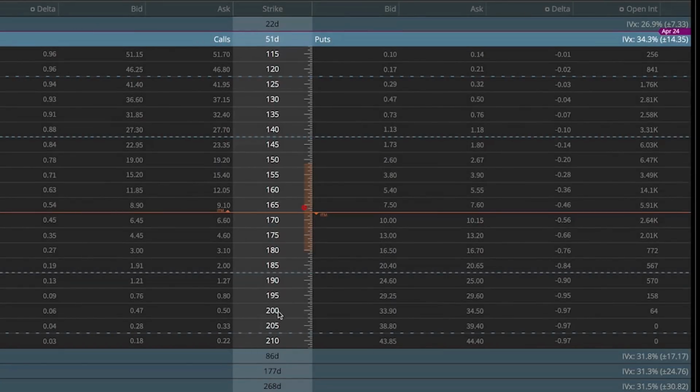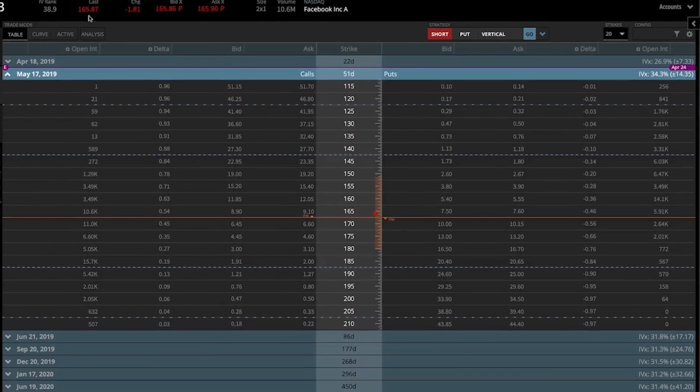So right off the bat, we can see that this 200 put option is significantly more valuable than the 170 put option, and that's because the 200 put option has the ability to sell shares of stock, particularly Facebook shares, at $200 a share, which is more valuable than the ability to sell Facebook shares at $170 a share, especially considering that Facebook is at $165.87.